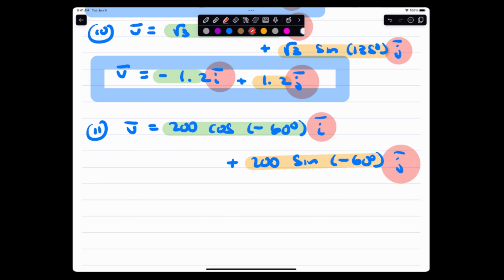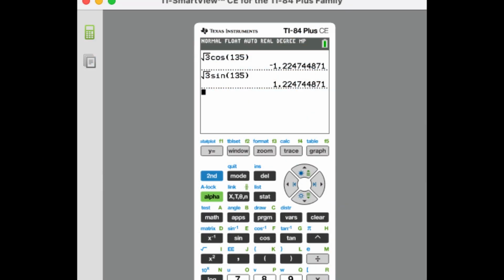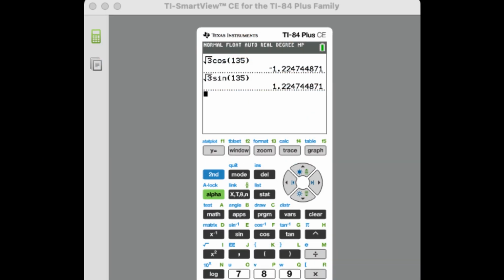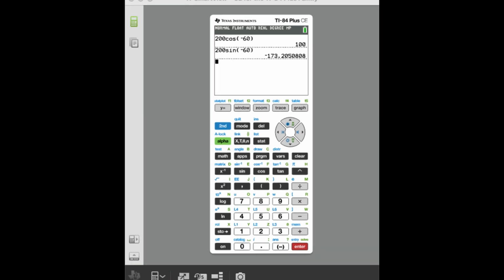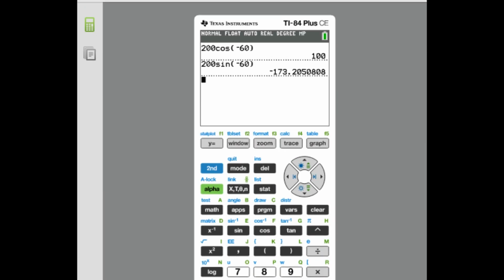Okay, let's go to the TI calculator now. Okay, let's see every detail. 200 cosine negative what? 60, okay. Make sure you put the negative sign, hit enter. 200 sine negative what? 60, close that and hit enter. What do you guys get now here? What is vector v now?